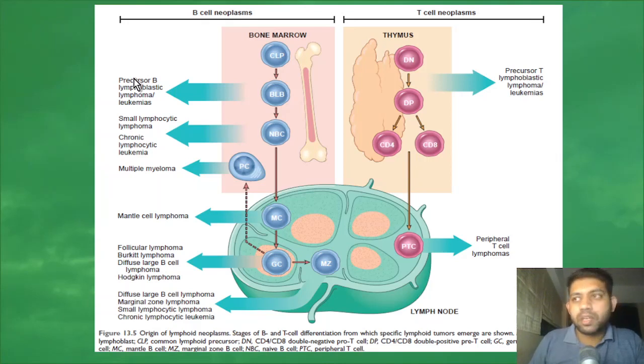ALL is called lymphoma leukemia because it can present in lymph nodes and blood. So the distinction is, you can say, blurred.